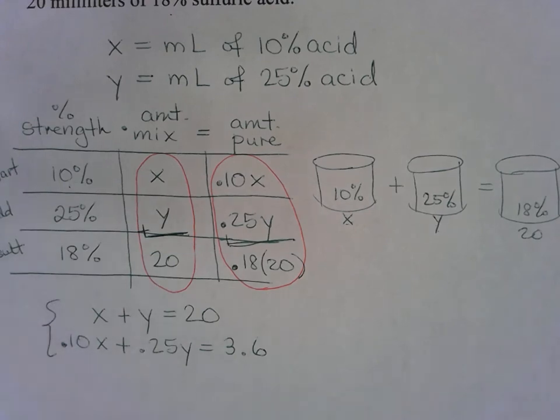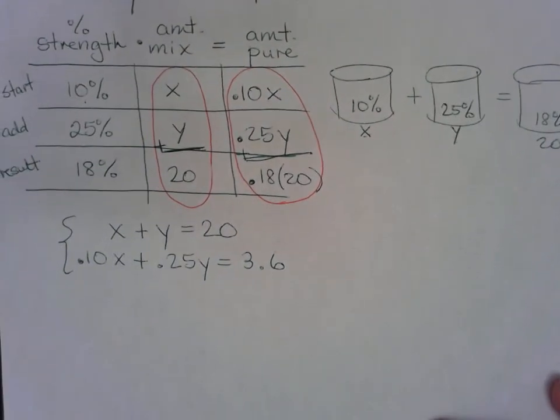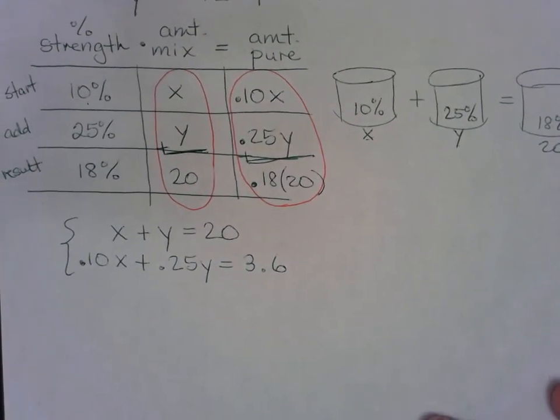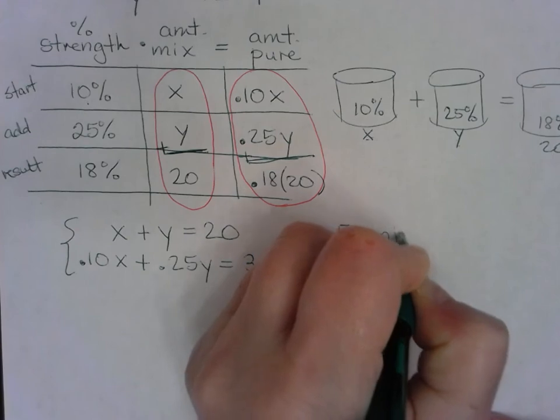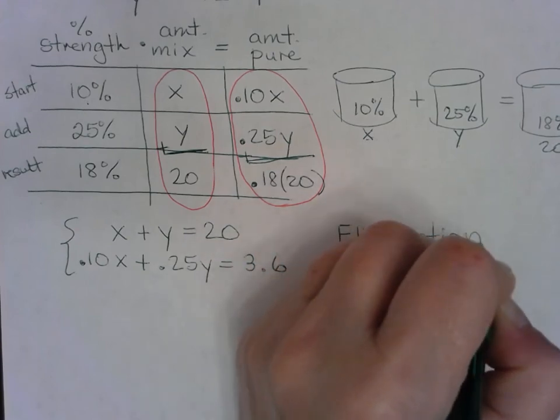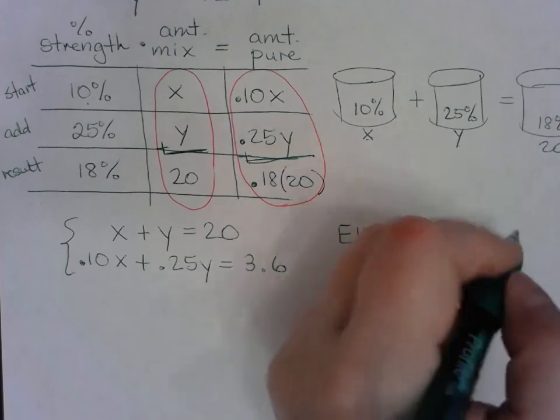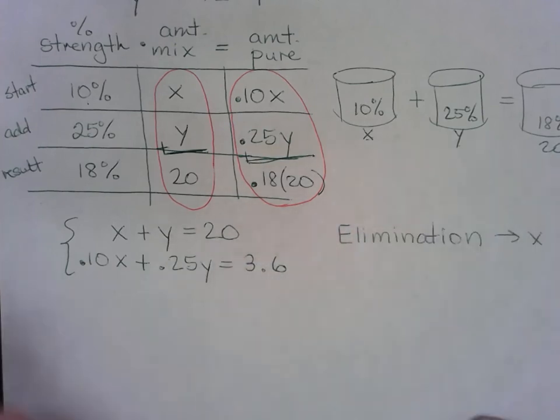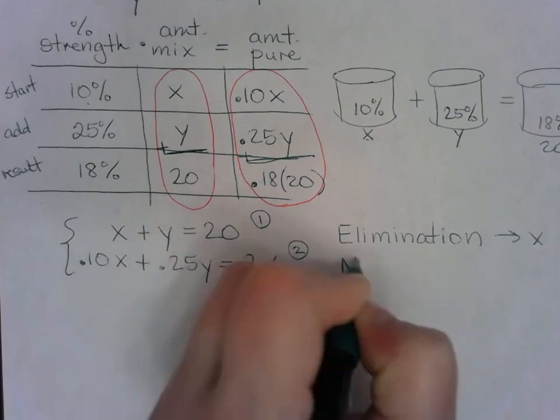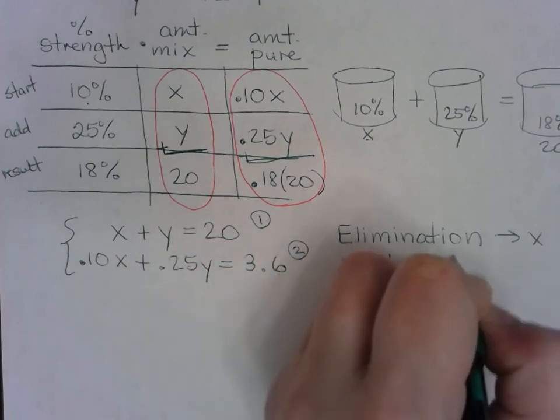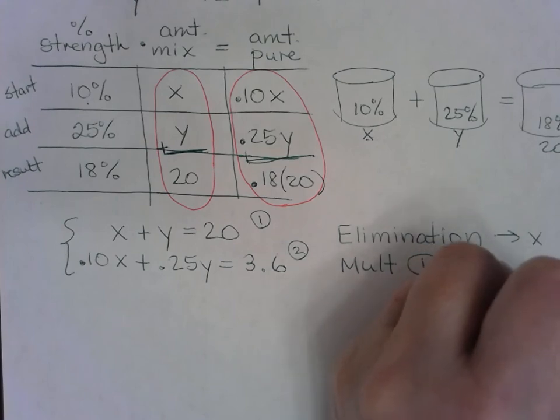Now we want to solve this system of equations now that we've formed our equations. Either method works, substitution or elimination. I'm going to do elimination one more time. This one is already set up for it. I'm just going to eliminate x. I want the numbers in front of x to be equal but opposite. Let me label these 1 and 2. I'm going to multiply equation number 1 by negative 0.10.